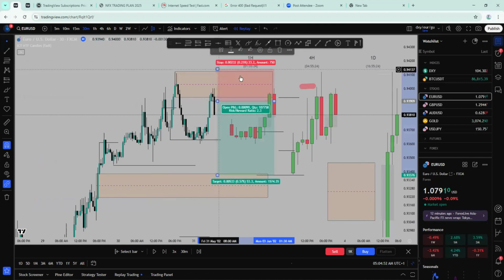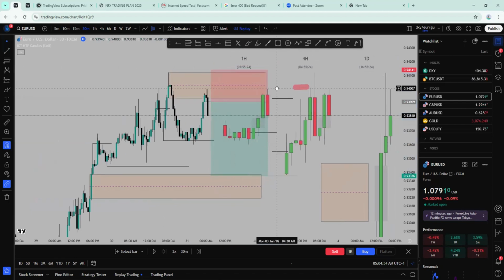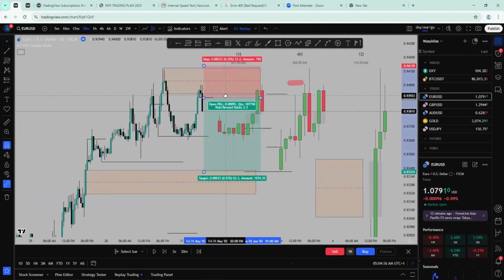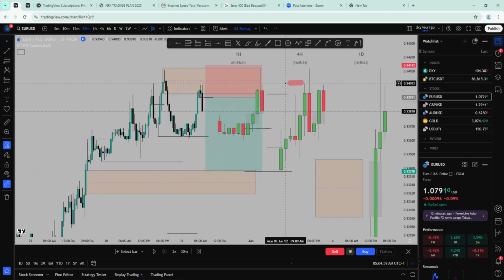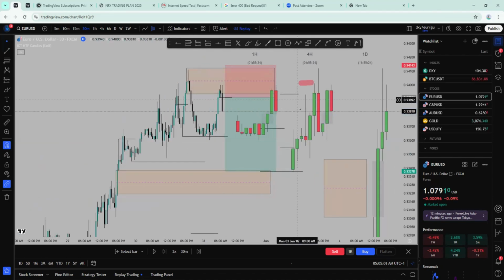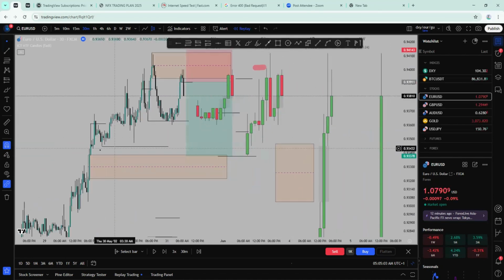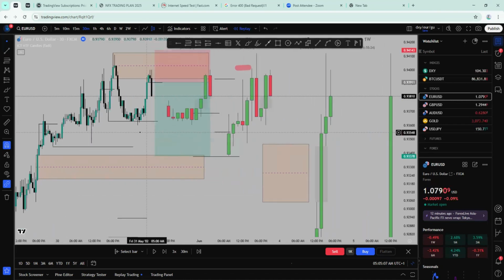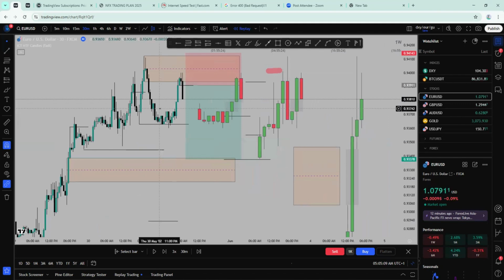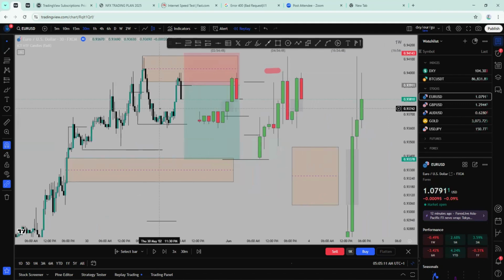If it doesn't tap us, not bad. We'll let it go. But if it comes back to that area, we can have a good risk to reward ratio of 2.3 to target this fair value gap and then this low. If not, we'll let it drop, because the risk to reward from here is not good at all.